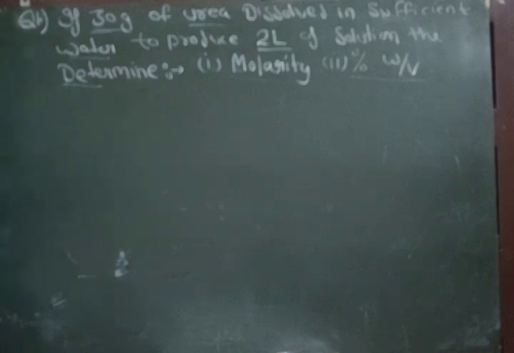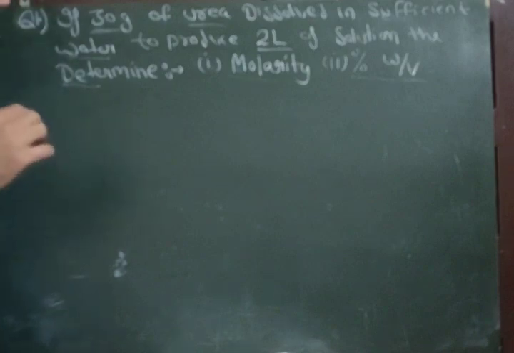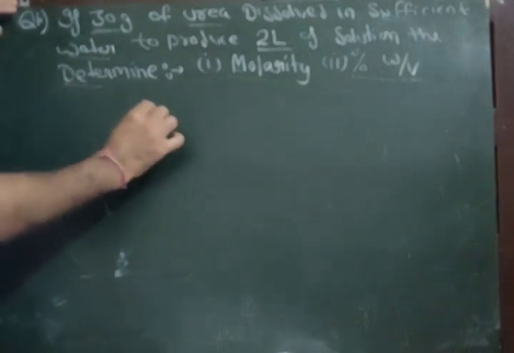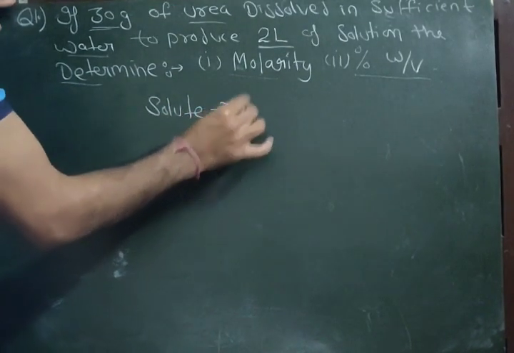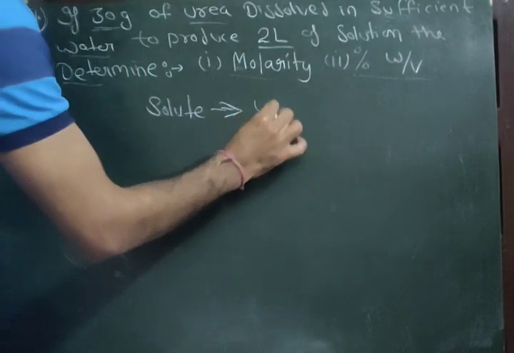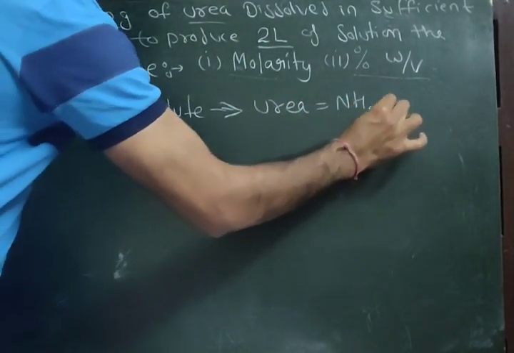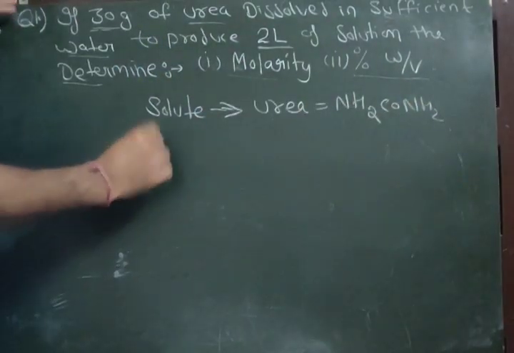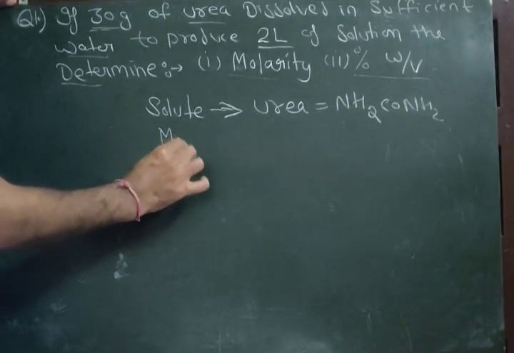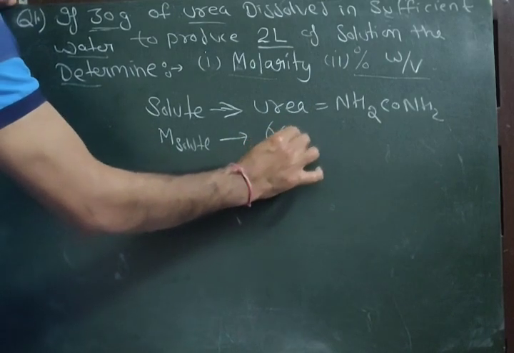First of all, whatever data is given to you, write it up. We know the solute is urea. The formula of urea is NH2CONH2. The molecular mass of the solute, we can calculate, is 60 gram.